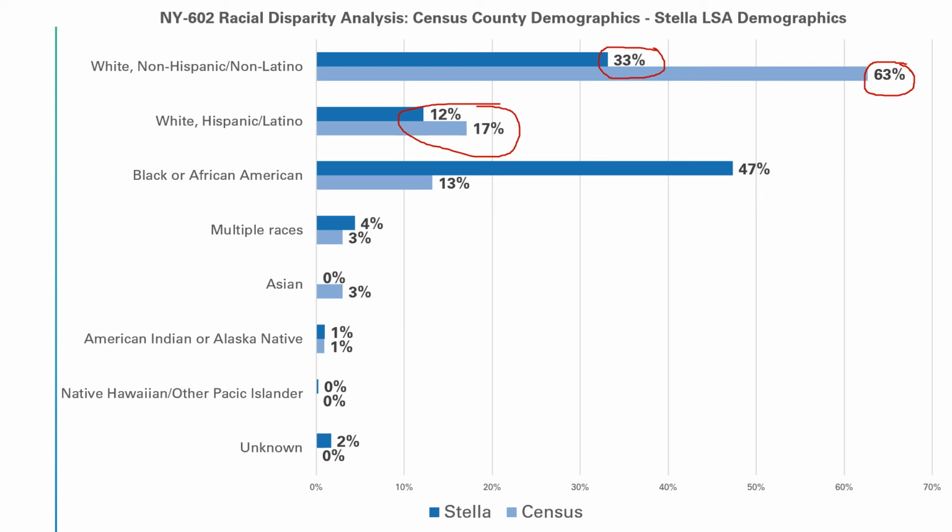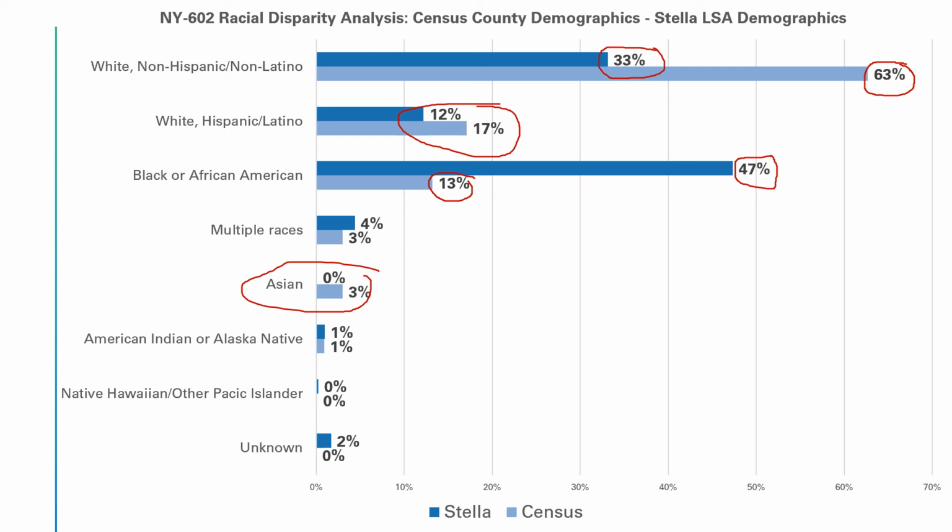And then we see over here 13% of the population is Black or African American, yet 47% of those served adults and heads of households in the homelessness system in the reporting period were Black or African American. So that's a major gap. It's almost 4 times as much. And again, almost a dramatic difference with Asian.